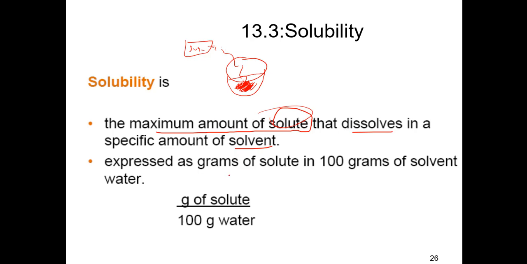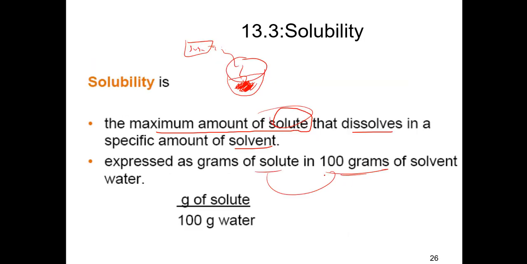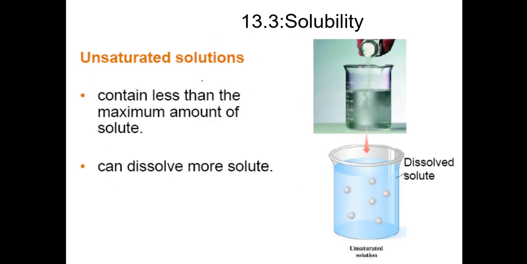So scientists have spent hours and hours measuring out how much solute can dissolve in 100 grams of solvent. In general, if you do not put enough solute in, then we say it's unsaturated. So everything dissolves if it's unsaturated.